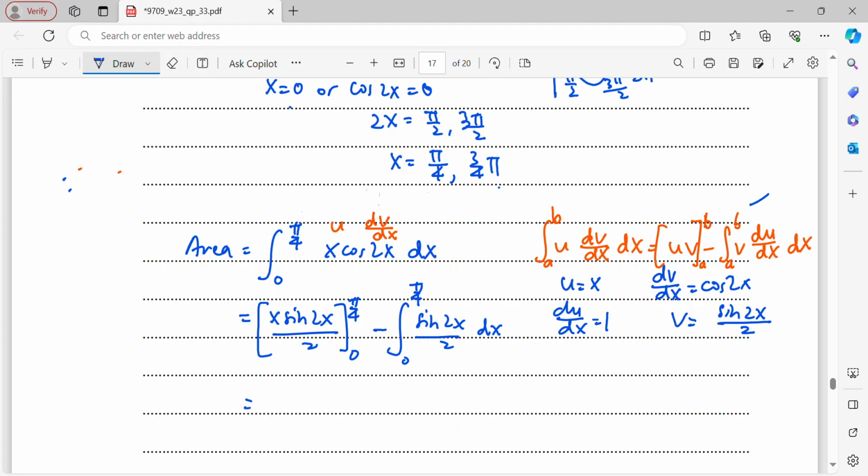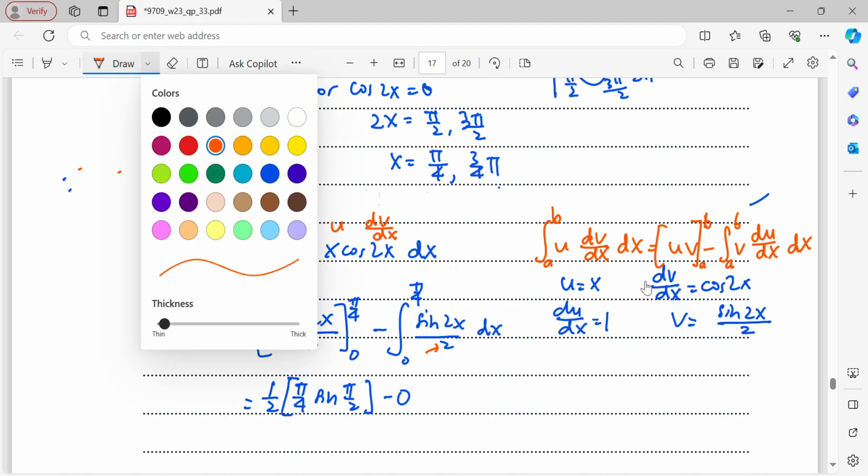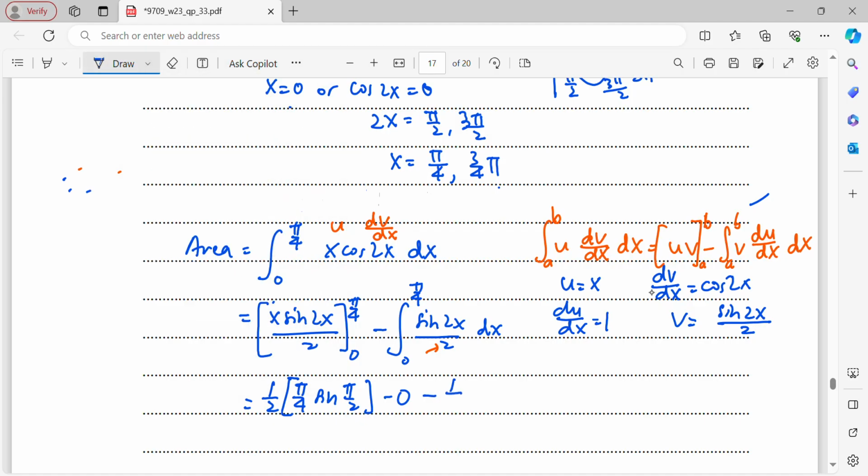Okay, so now firstly you replace the x by pi over 4. I will take out the half, then write pi over 4 sine of 2 times pi over 4, which is pi over 2. Then replace the x by 0, so minus 0. Now the over 2 here will be taken out, so I will take out the negative half.